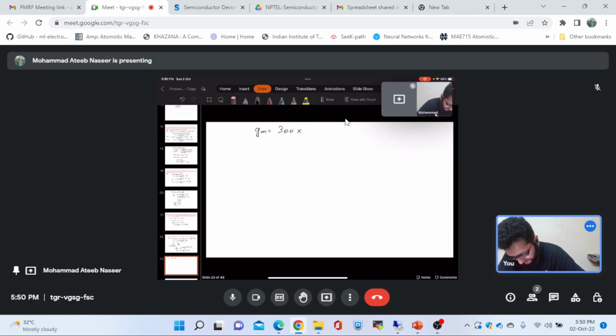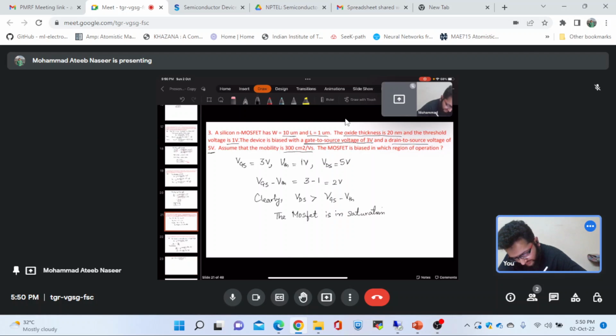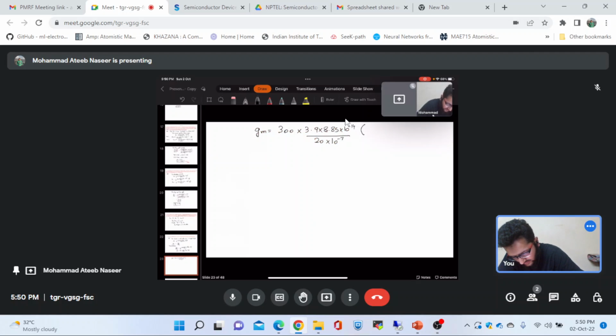So epsilon ox is 3.9 into 8.85 into 10 to the power of minus 14 divided by 20 nanometer, which is 20 into 10 raised to the power minus 9 meter, or minus 7 centimeter, into VGS minus VTH. VGS minus VTH, that we had already found out, is equal to 2. So this is the GM.